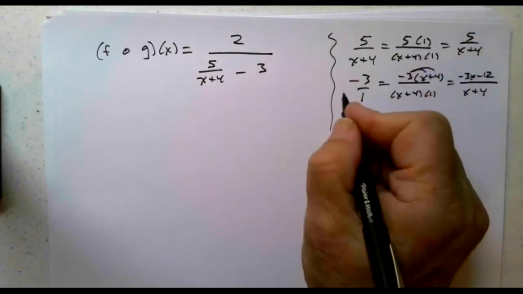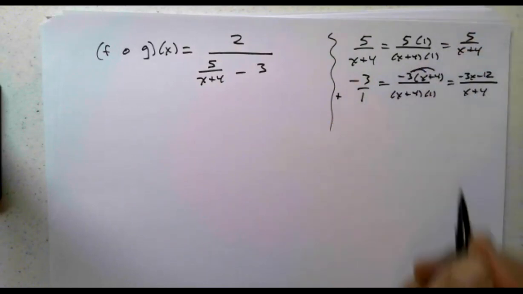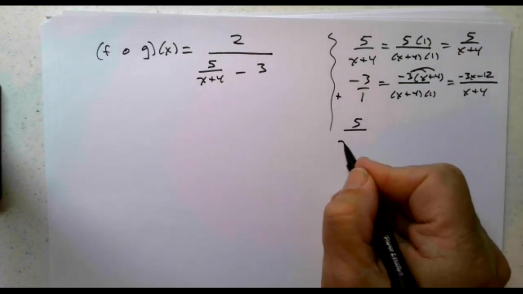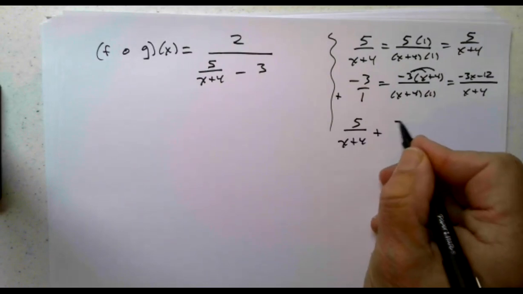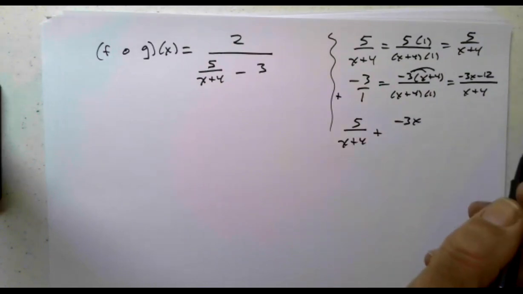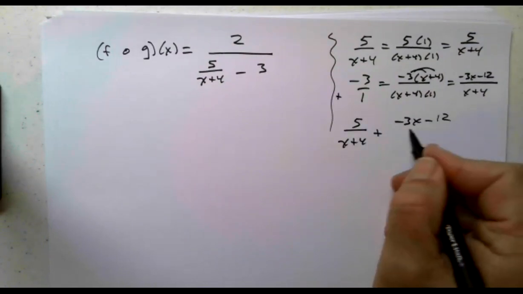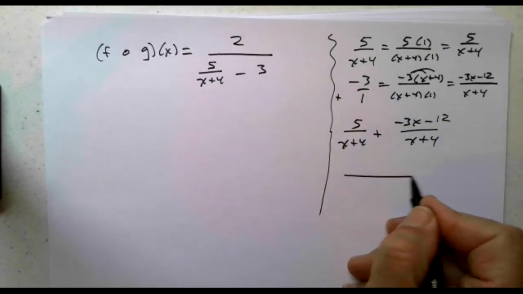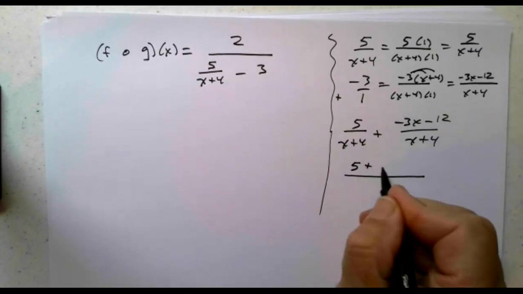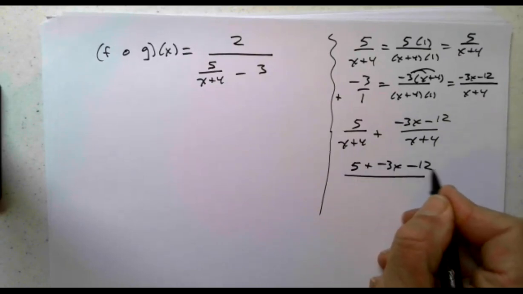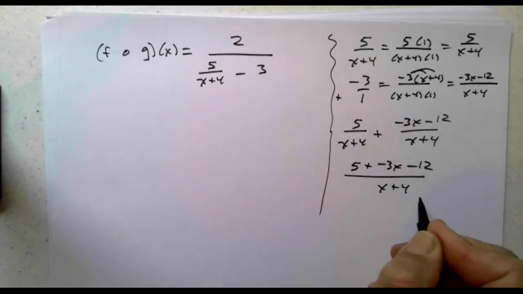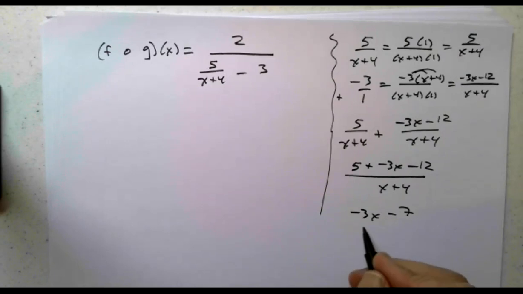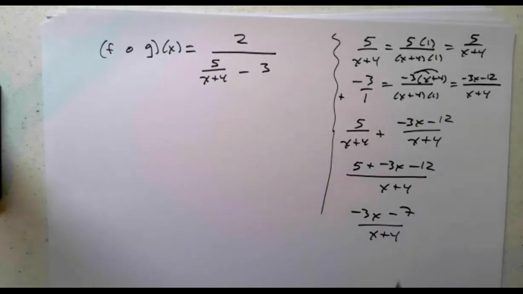So it's this, 5 over x plus 4 plus negative 3 over 1, is how I want to perceive it. So I have 5 over x plus 4 plus negative 3x minus 12 over x plus 4, which I can get as a single fraction, 5 plus negative 3x minus 12 over x plus 4, which gives me negative 3x, 5 minus 12 is minus 7 over x plus 4.